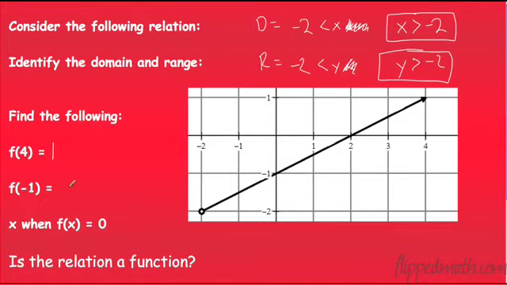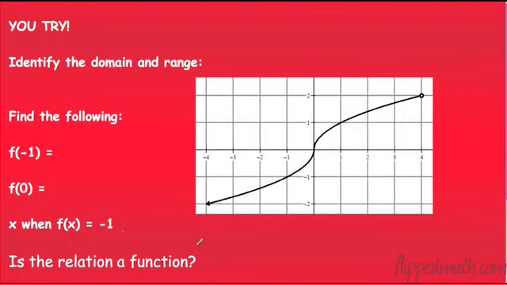Looks like it's about -1.5. Find x when y equals 0. Y equals 0 is right here, and it obviously crosses the graph at x is 2. Is it a function? Yes, it's definitely a function. It passes the vertical line test.